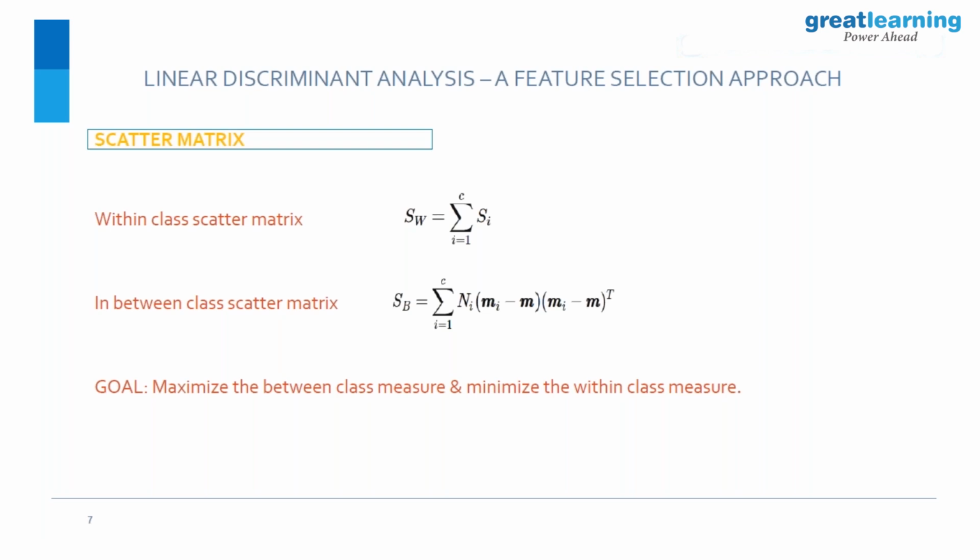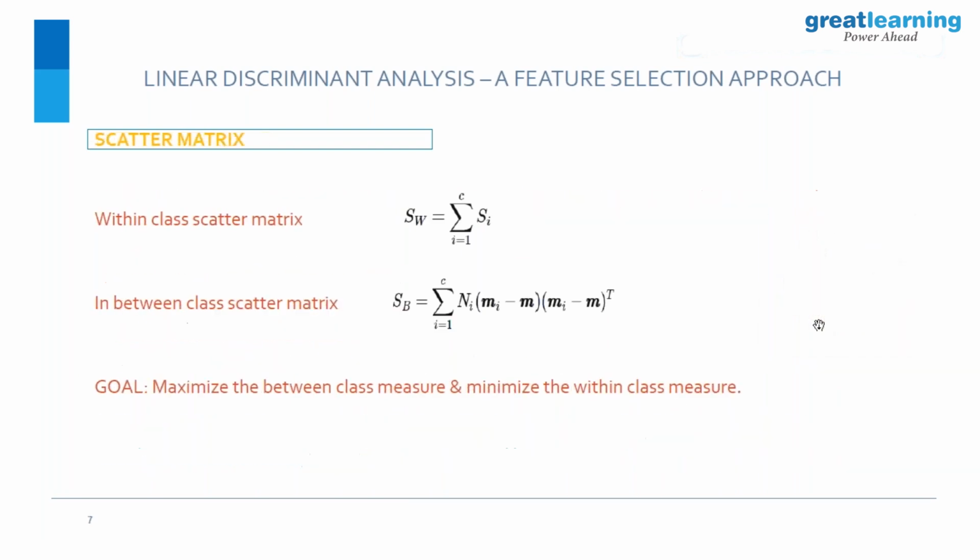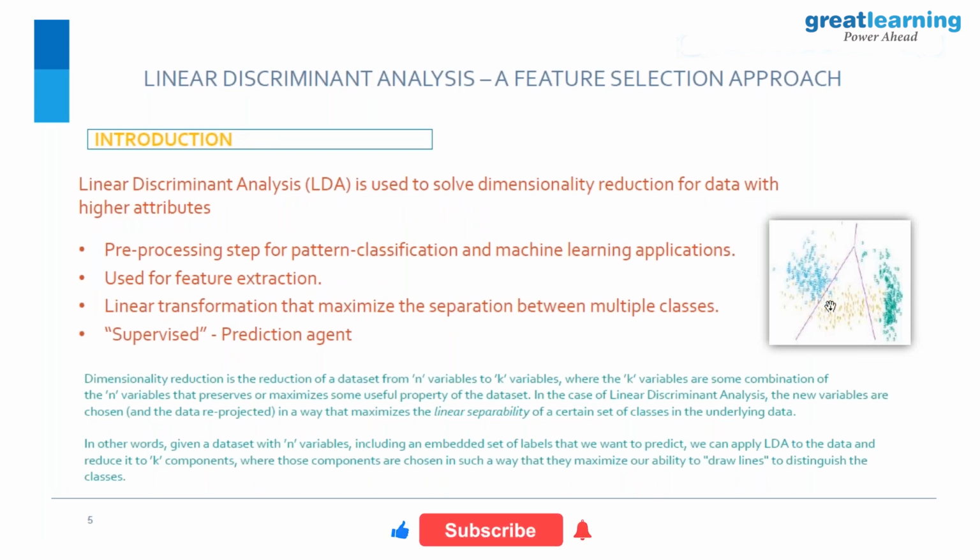Now, what happens within the whole process? What you see in front of you, you can assume to be a distance between the scatter matrices, where this is one class, this is another class, and this is a third class. There is a within-class scatter matrix, and a between-class scatter matrix: a distance between the two classes, and a distance within the class.